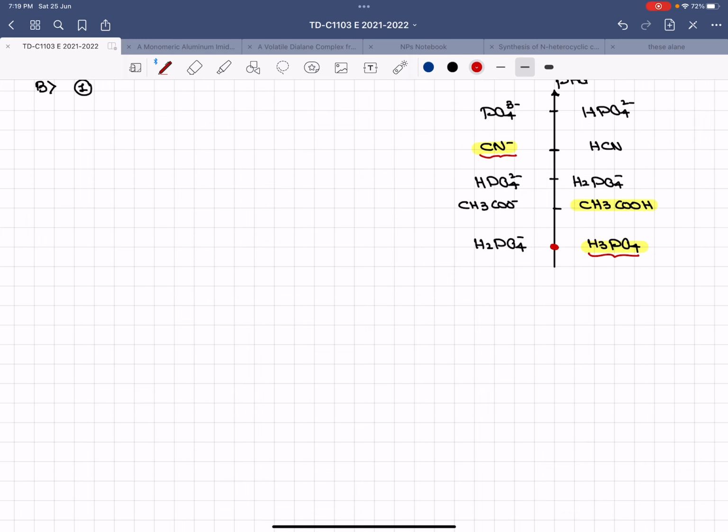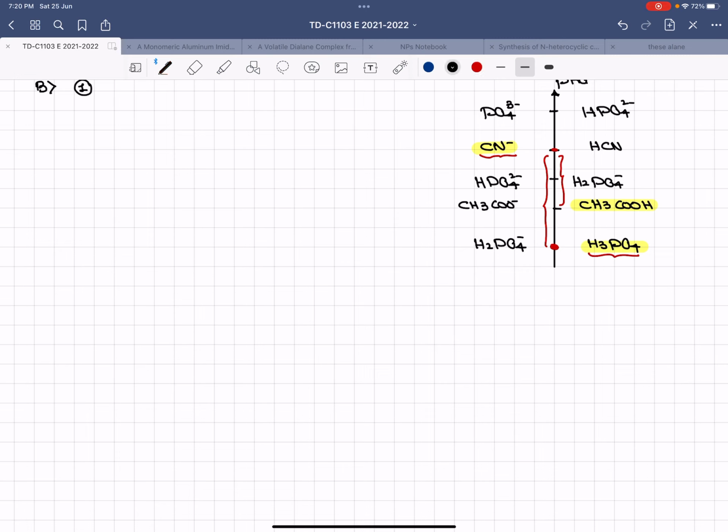The predominant reaction will be between CN minus and H3PO4, not CN minus and CH3COOH. This is the pKa difference, and this is the pKa difference. Remember, Kr is 10 to the power pKa2 minus pKa1. The more difference you have between pKa's, the larger Kr.